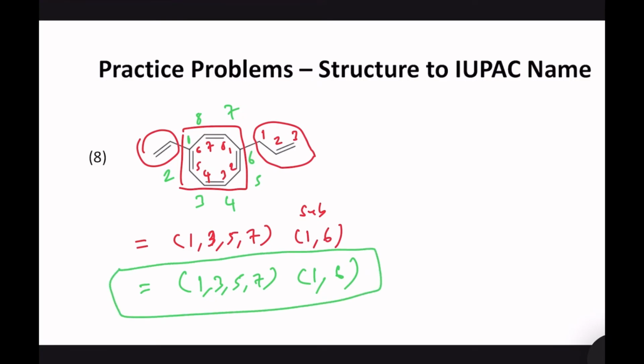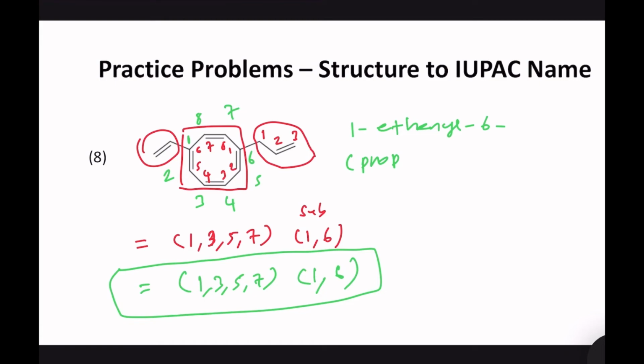Therefore, the correct IUPAC name for this molecule is 1-ethynyl, and then 6 at 6 position and then in parenthesis prop, everything is just one word, there is no space there.